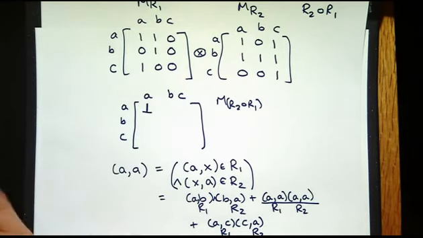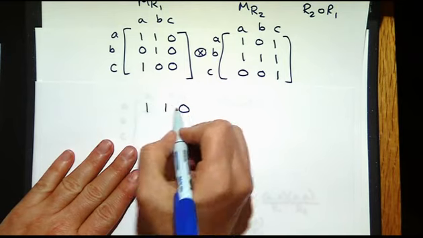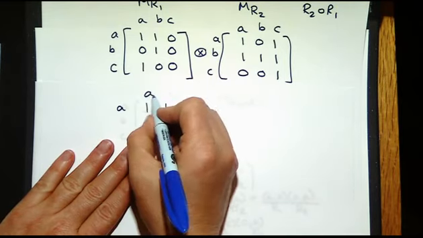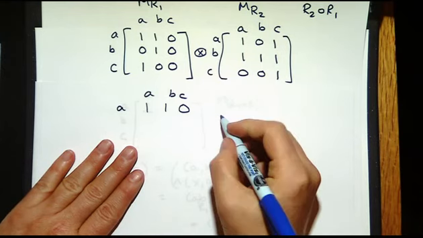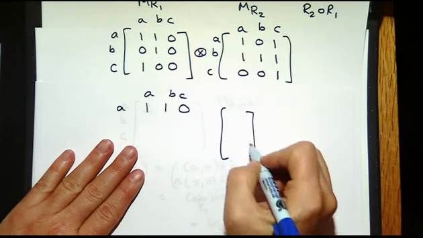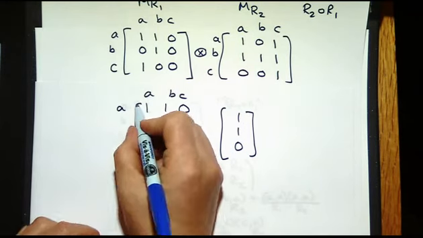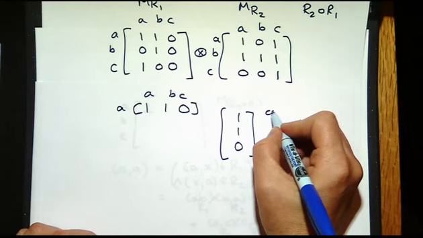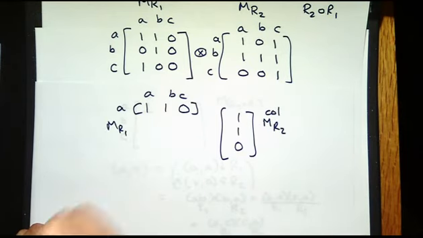So basically what I have to do is I copy over the row that I'm starting with. So I have 1, 1, 0 as the A row, with ABC. And then for the first column, I'm going to copy over the first column, 1, 1, 0, from my matrix. So this is my row from R1, and this is my column from R2, for the matrix for R2. Okay?